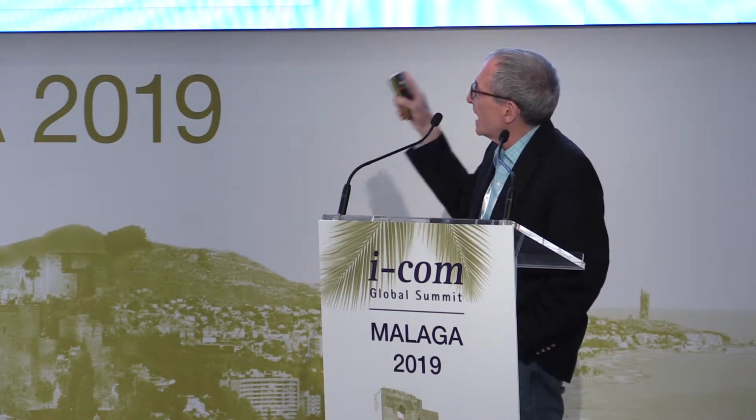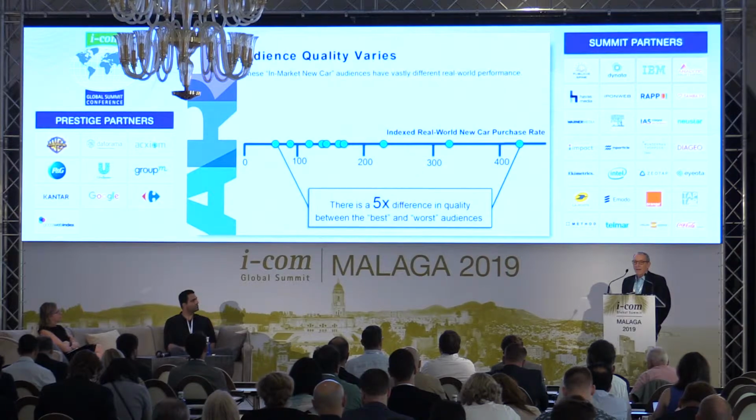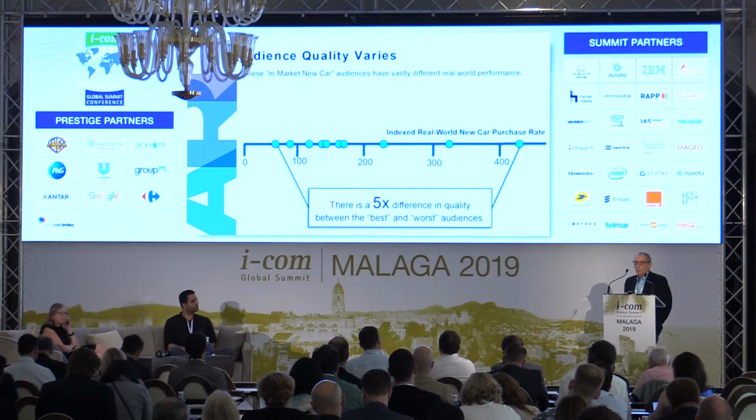And you can see here a test, again reported by ODC, in which many of the data sets in their experiment were significantly higher in their index for delivering auto intenders, but others were below.